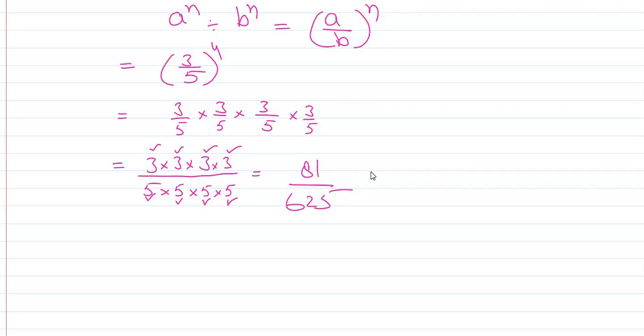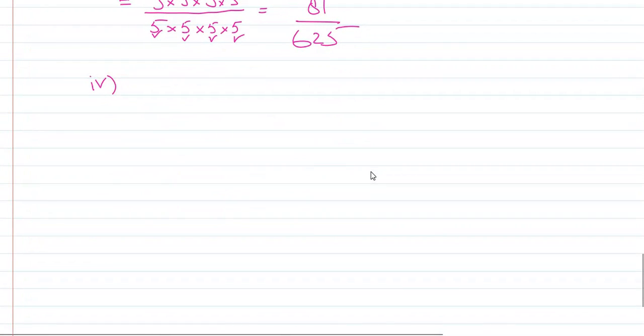Now I am solving its part number 4. Part number 4 is m raised to power 3 divided by n raised to power 3.